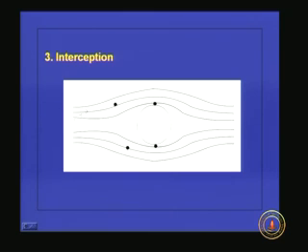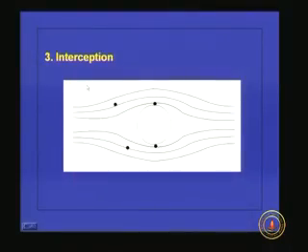And the third one is interception. Whenever there is a filter media, there are n number of filter media in a filter, and because the filter media is stationary and the bulk liquid is moving from the top or from the bottom, what will happen? When the water comes and passes through the filter media, it will go away like this because of the boundary layer effect.